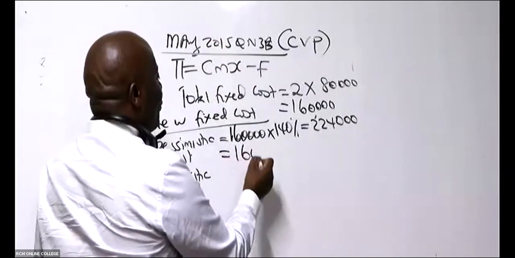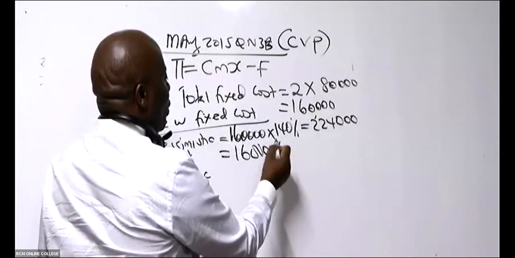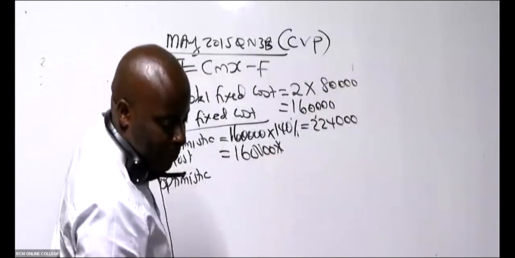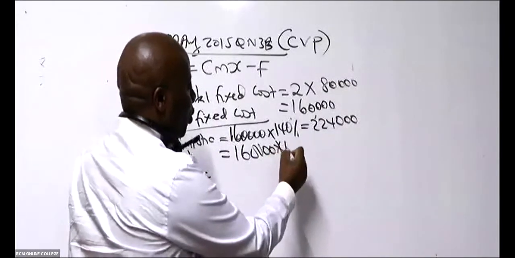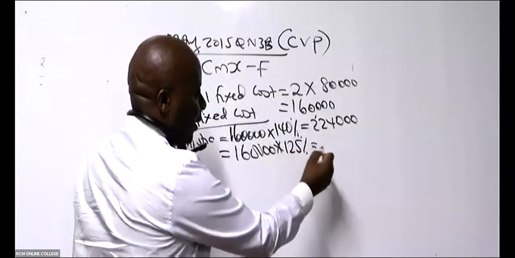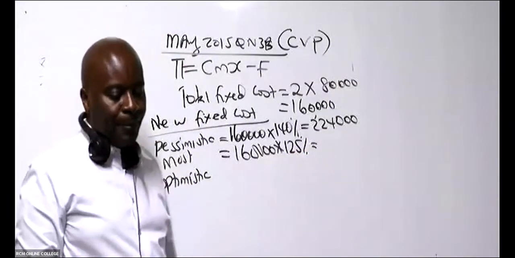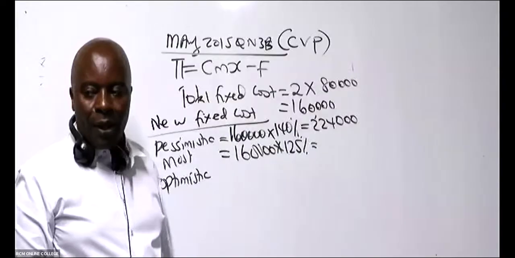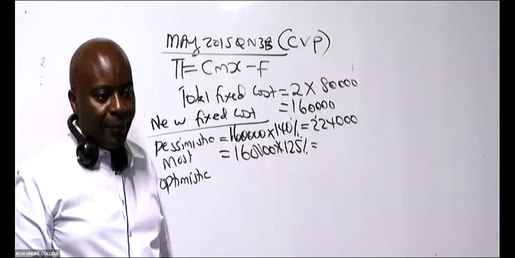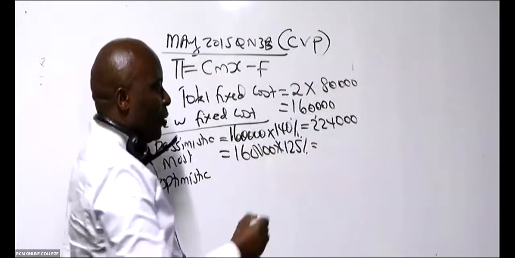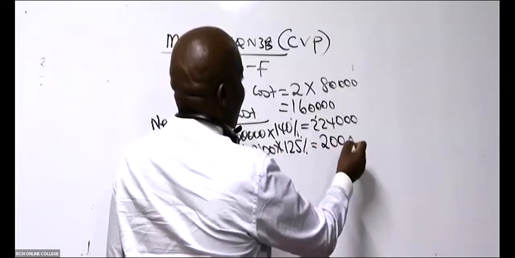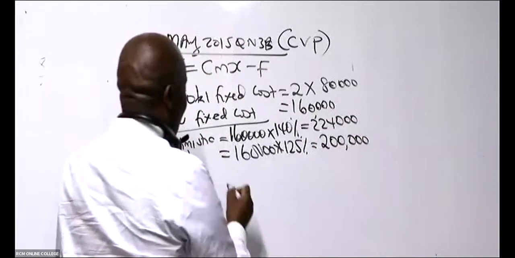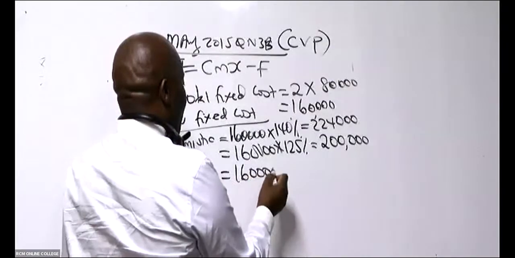Most likely, they have told us that this fixed cost will be increasing by what percentage? 25%. So the new one will be at 125%. 200,000, I'm told. From there, we have optimistic, which will be 160,000.